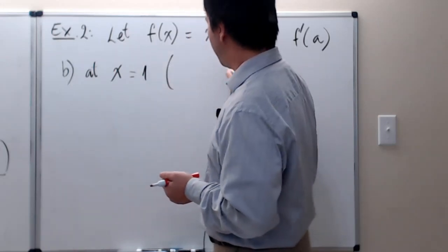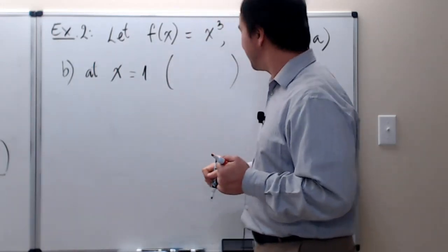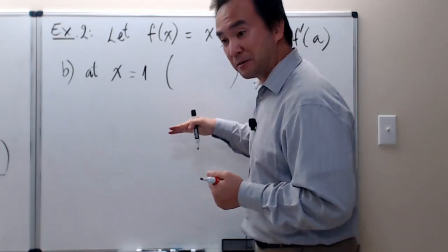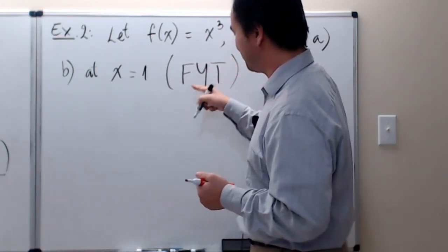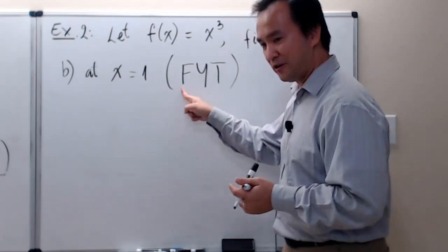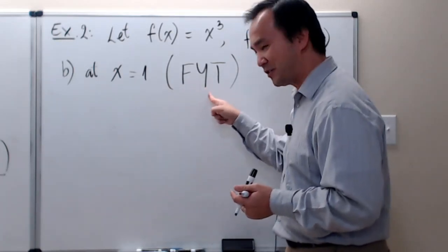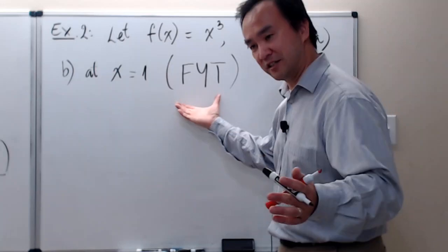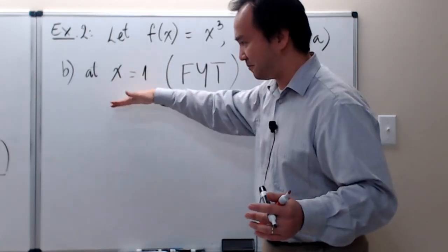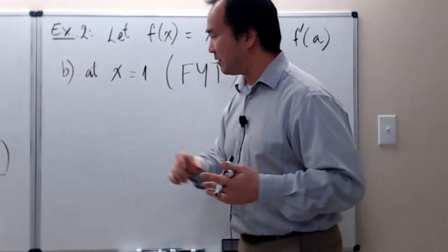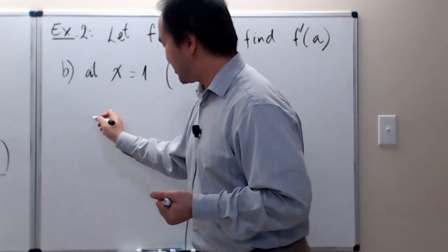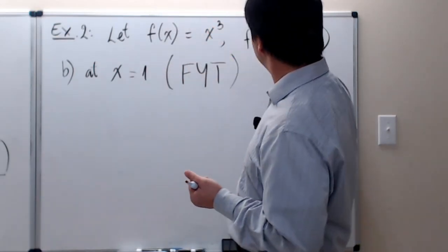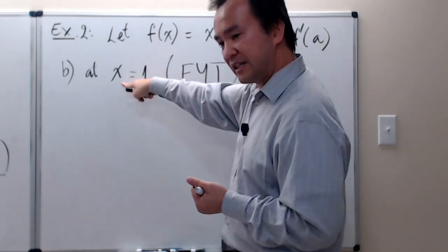I learned this style from one of my respected professors when I was in graduate school. FYT here is intended for you to try on your own. That means viewers, please pause the video and carry through the steps to find the answer on your own. As a starting point, I want to find f prime at a, but a here is given to be 1.